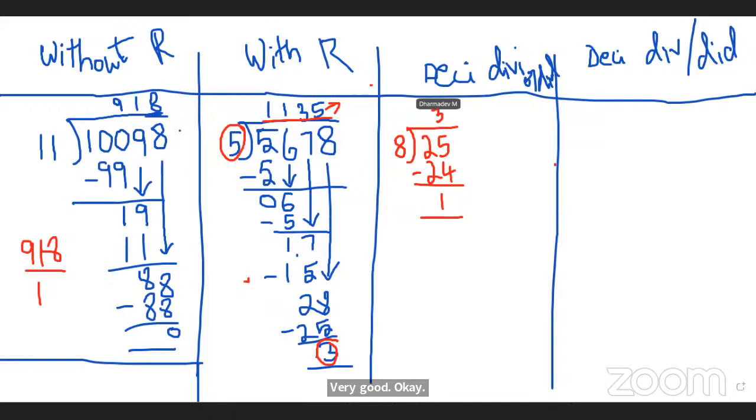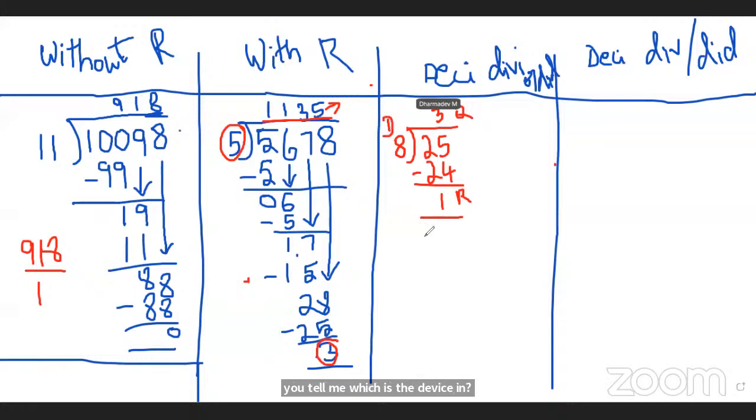The next one I would like to call is Shivam Kumar. Shivam, can you tell me which is the remainder? Remainder, sir, 1. Very good. So this is the remainder, this is the quotient. Can you tell me which is the divisor? Divisor, 8, sir. Good.